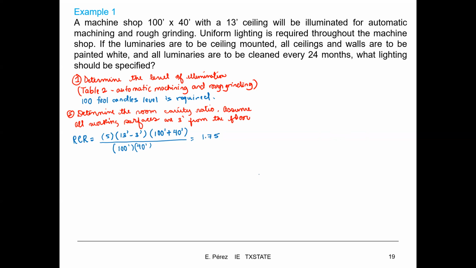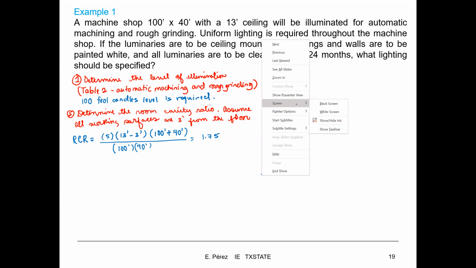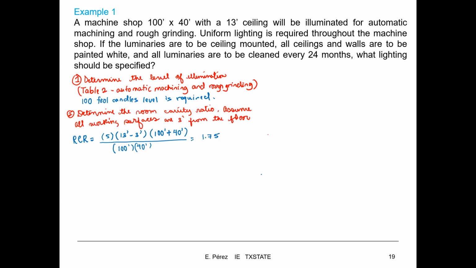Step 3 is to determine the ceiling cavity ratio.